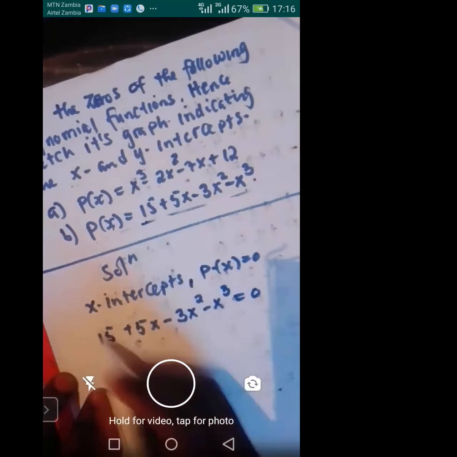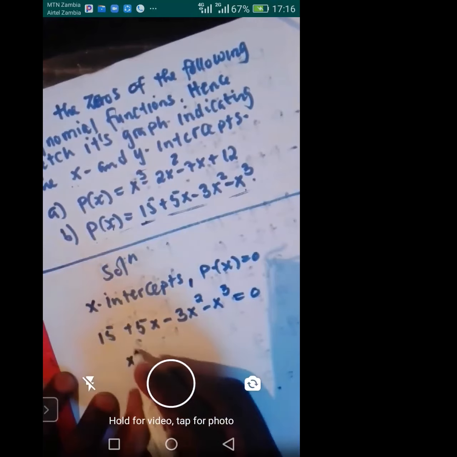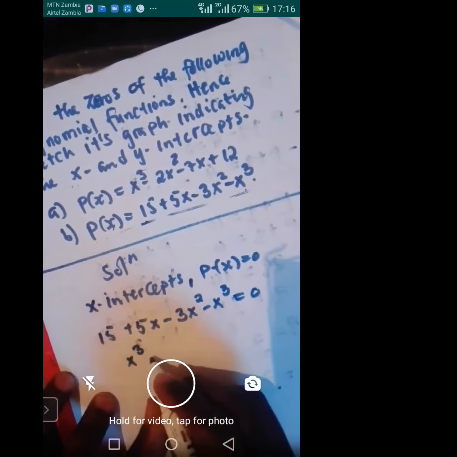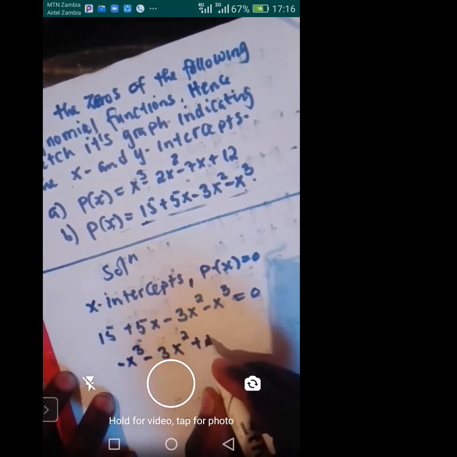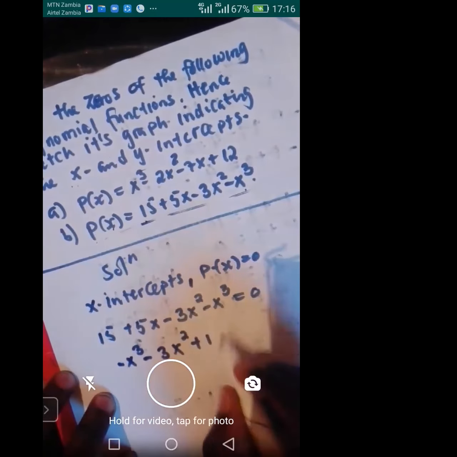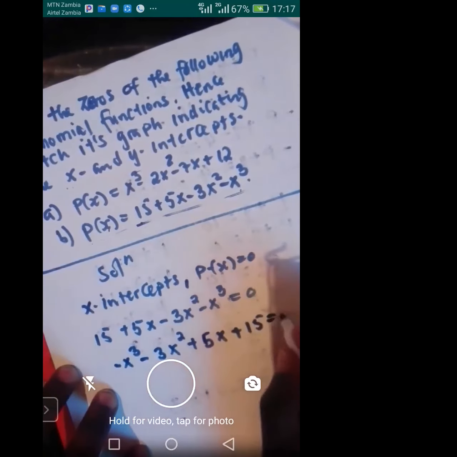But this one, guys, you can rearrange and get negative x to the power 3 minus 3x squared plus 5x plus 15. This will give you a 0.